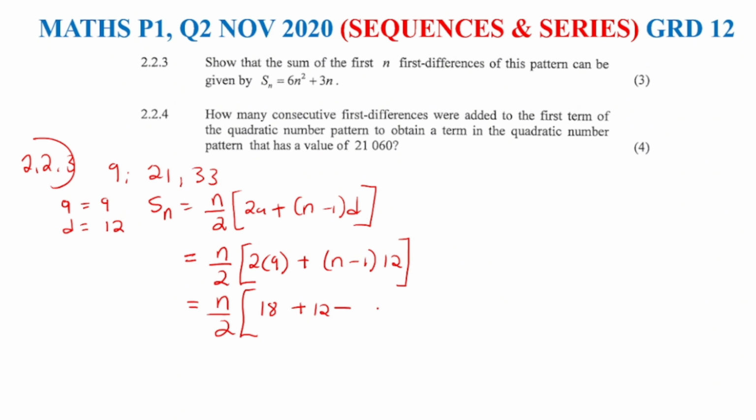12n, sorry. There you go, it's n, therefore minus 12 there, close bracket. Then 18 minus 12 is going to be 6.